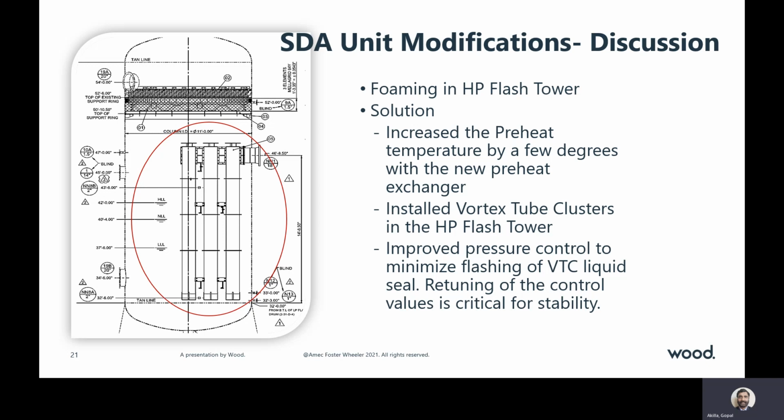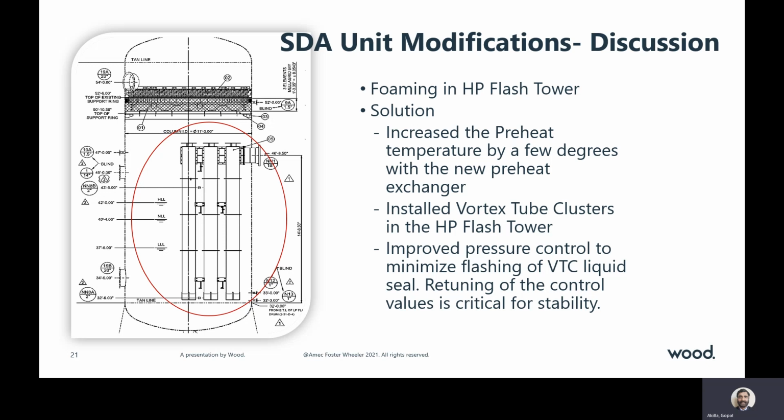These vortex tube clusters are maintained with a liquid seal at the bottom, and improved pressure control minimizes flashing of this liquid in the bottom seal. Retuning the control valves is critical for stability in controlling this tower.